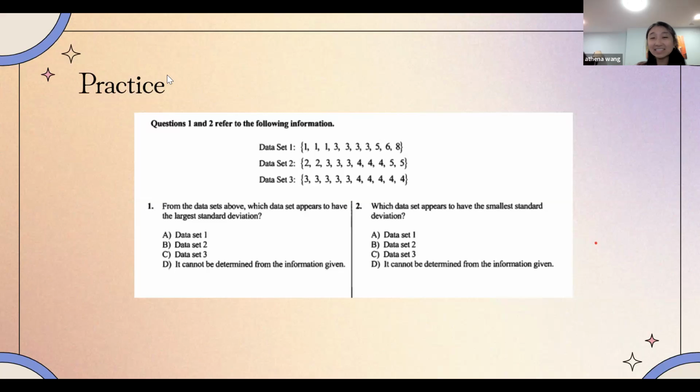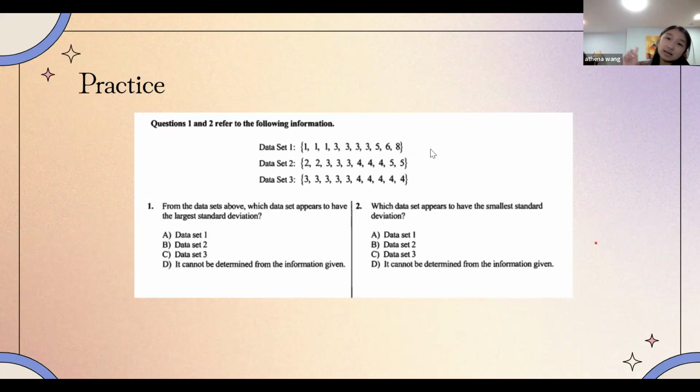Okay, so for these two questions, you can basically just eyeball the answers because you can already see the spread of the data. If they are closer to the mean, you can kind of see that data set 1 has values from 1 all the way to 8, and data set 2 has values from 2 to 5.